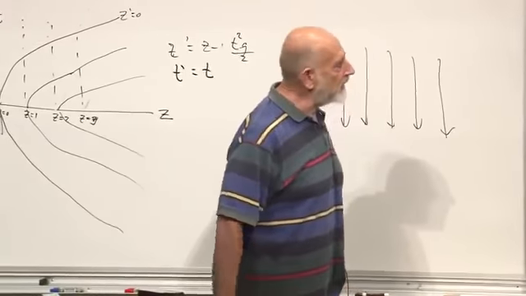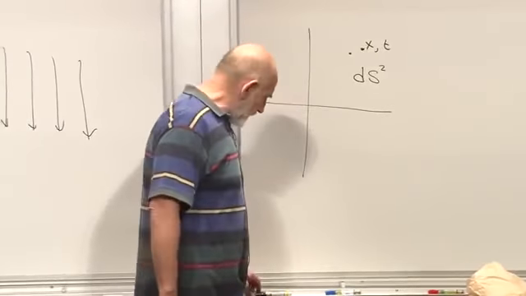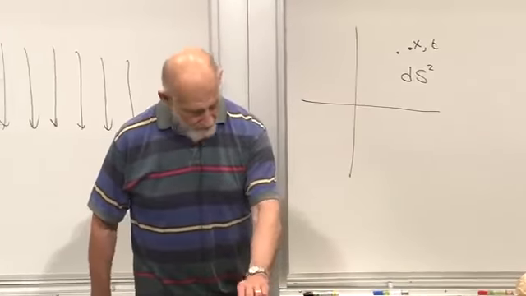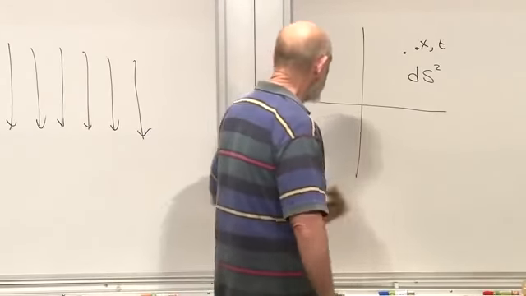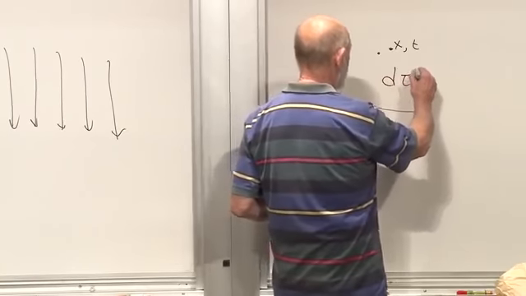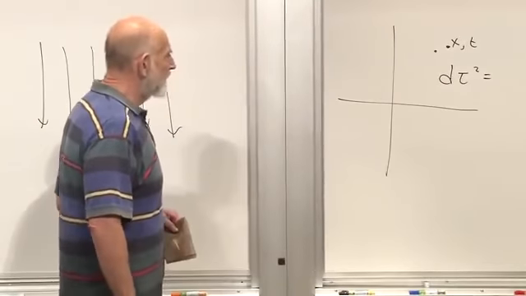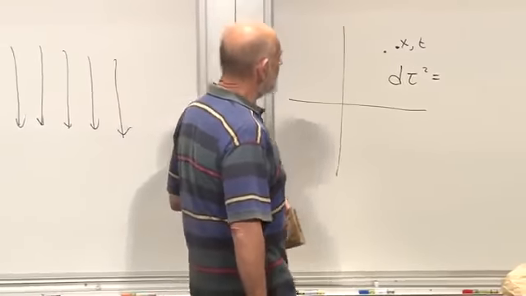Depending on who's writing the equations, they will either write ds squared or d tau squared. And they only differ by a sign. D tau squared is what? Anybody remember? dt squared minus dx squared, yes?